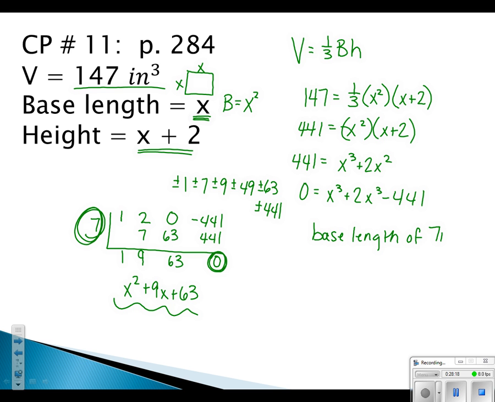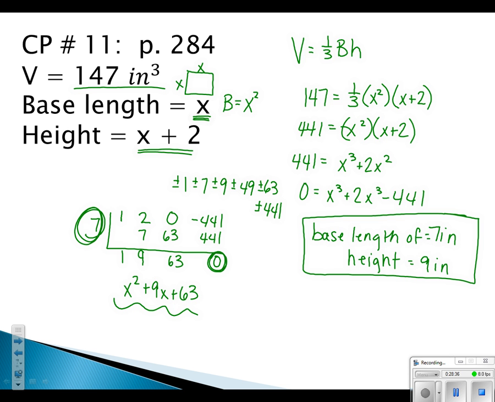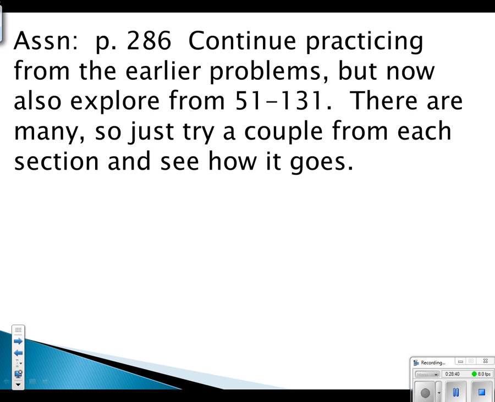And it must be inches to match my problem. And then I also should be able to figure out my height now. If my base length was 7, my height is x plus 2. So my pyramid must need to be 9 inches tall. Okay. So just an application of how we can possibly use this process.